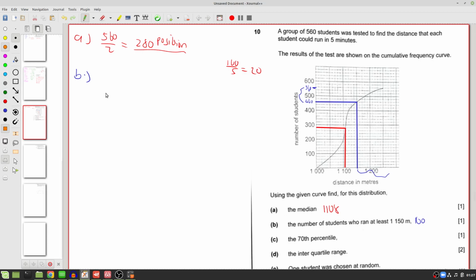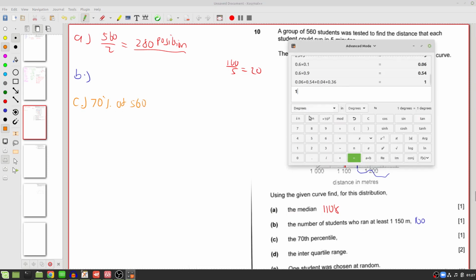Question C, the 70th percentile. Okay, so that's the same idea as the median. For the 70th percentile, we take 70% of the total, which was 560. How do we calculate 70% of 560? Well, percent, as we saw earlier in one of the videos, it's 70 per 100 times 560.